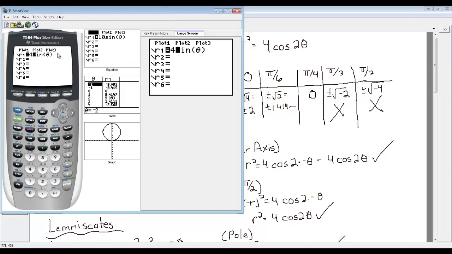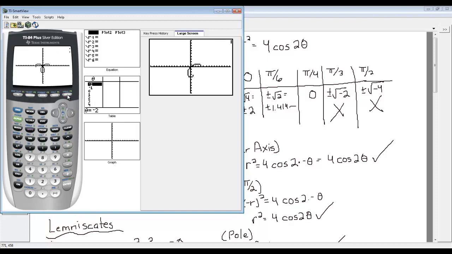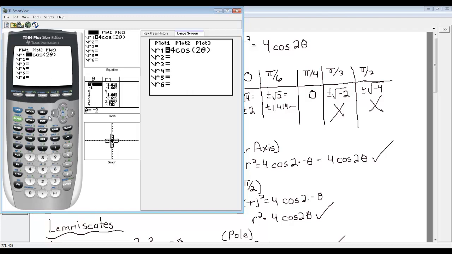Okay, so we got 4. Let me just clear this. We're going to have 4 cosine of 2 theta. Let's hit graph. That's just if you were doing r. But with the lemniscates, we're doing r squared. So what we've got to do is the square roots.